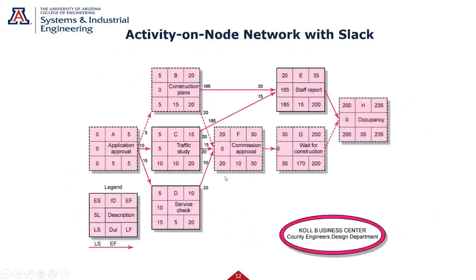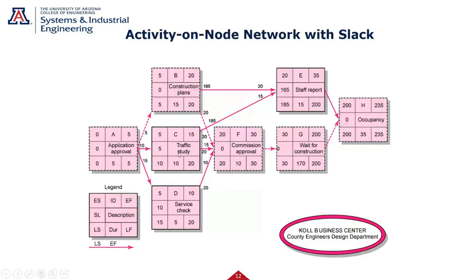So here's our diagram. This is it filled out. I did that for you by hand. So we said our critical path was A, B, F, G, H. Well, our next critical path here would be A, C, because it has the least slack.